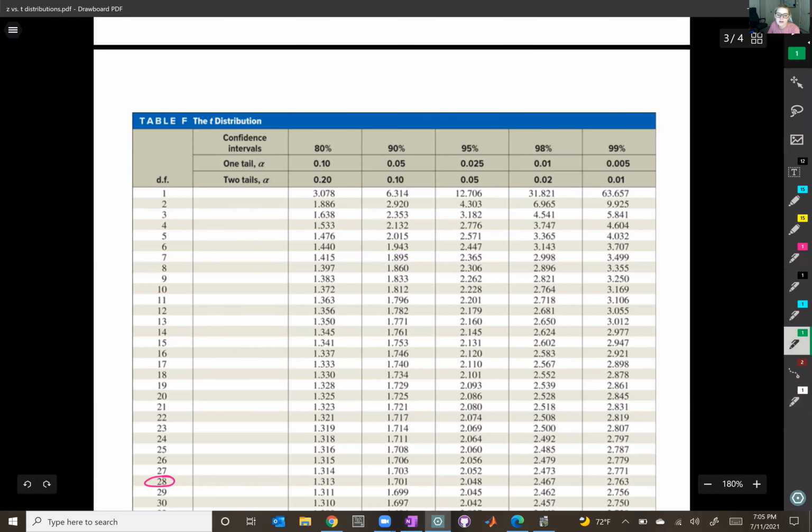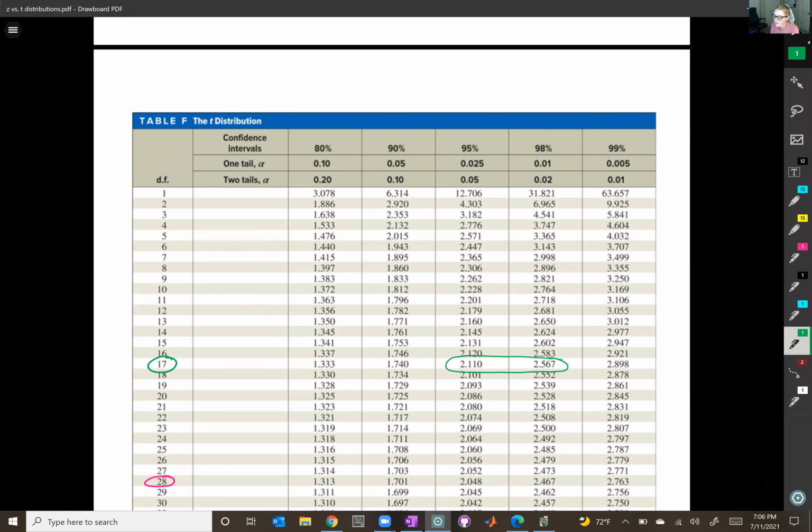Okay, so our degrees of freedom are 17, and our test value is 2.376. So we can see where that falls between, and it looks like it falls between these two.